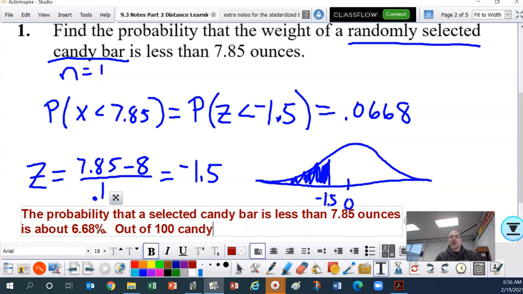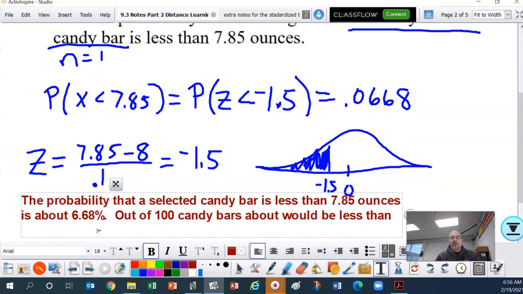Out of 100 candy bars, about 7 would be less than 7.85 ounces. I'm filming this really early in the morning if you look at the timestamp. So that's what that's telling us. All right, let's keep going here.